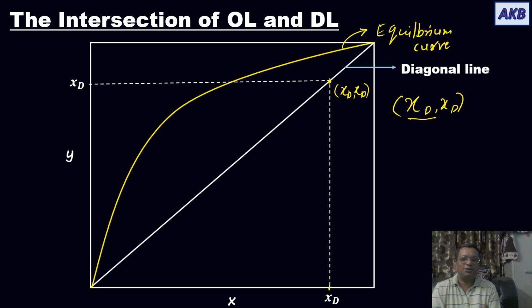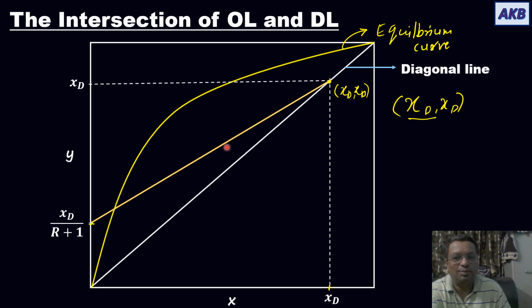The other information that we will be using is the intercept made by this line on the y-axis. As we know, this is xD/(R+1). So the operating line for the rectifying section will pass through these two points, and with two points we can easily draw the operating line.